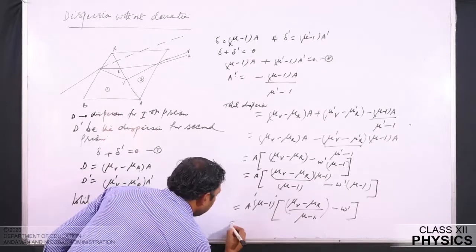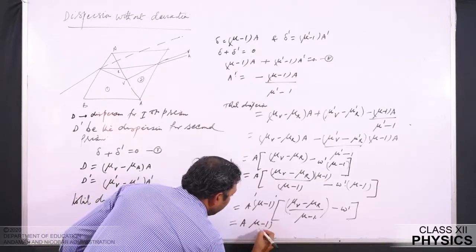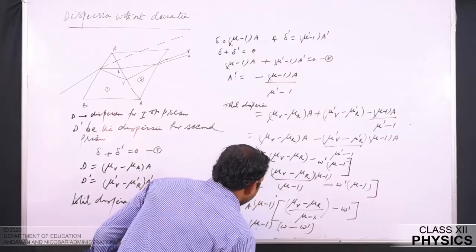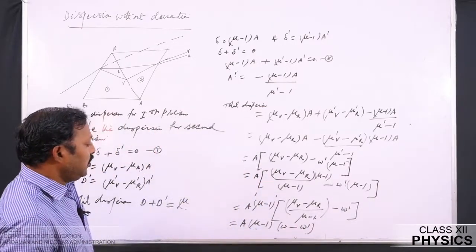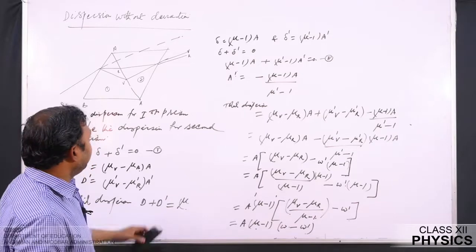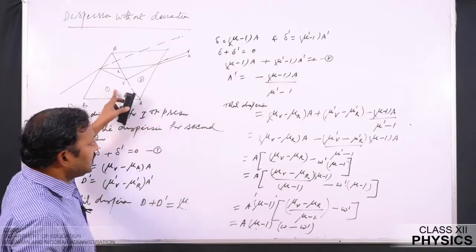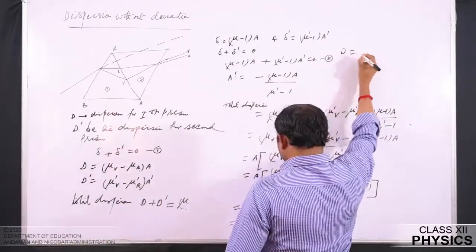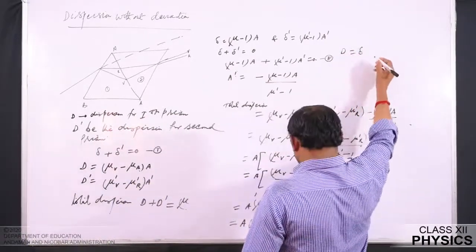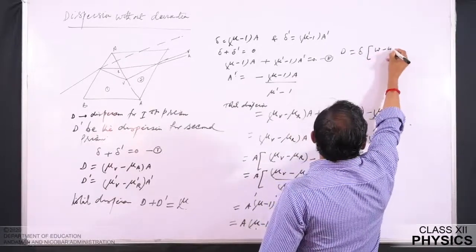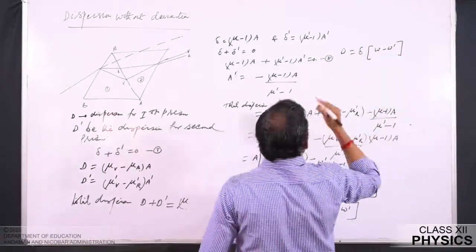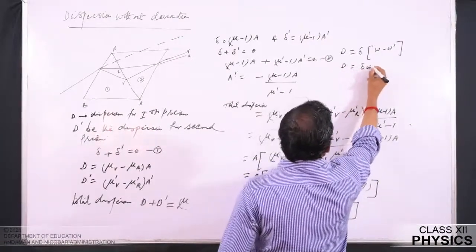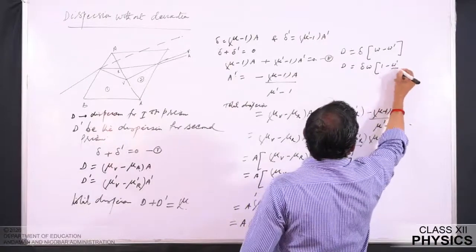The expression comes out to be A (mu minus 1) (omega minus omega dash), and we also know that A (mu minus 1) is nothing but the deviation produced by the first prism. So this can be written as the total dispersion D equal to deviation multiplied by (omega minus omega dash), or omega can also be taken outside, giving delta omega (1 minus omega dash by omega).